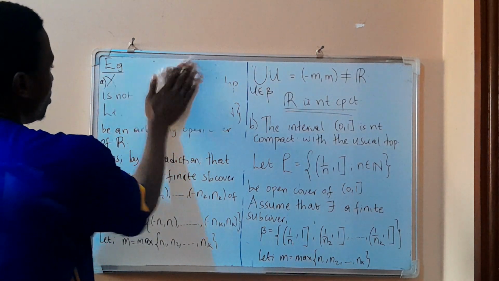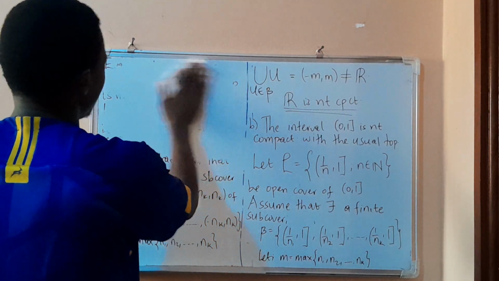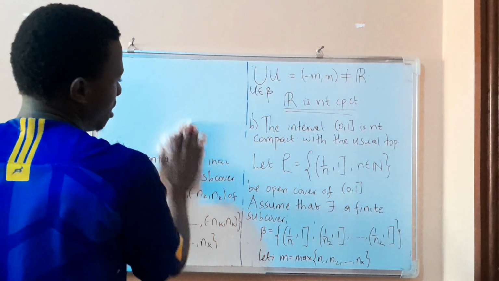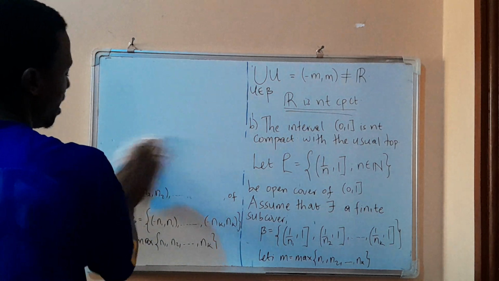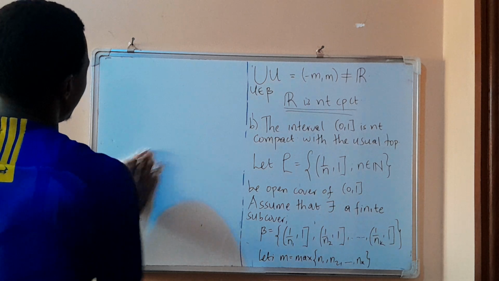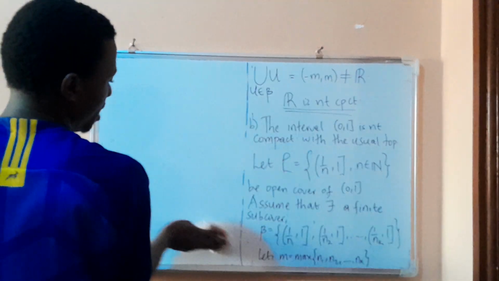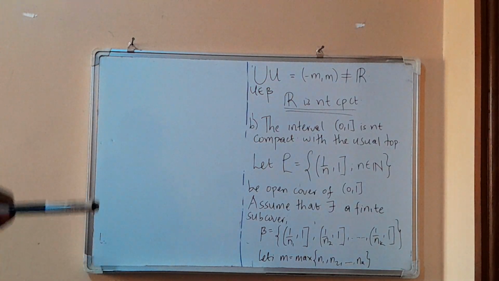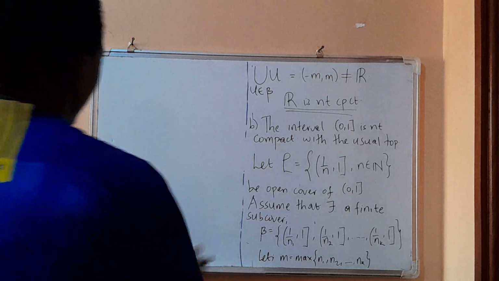We are assuming, to the contrary, that the interval 0, 1 has this finite subcover. Let us try to compute the union of these sets.